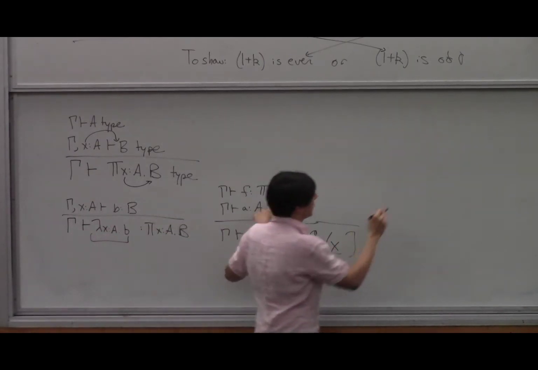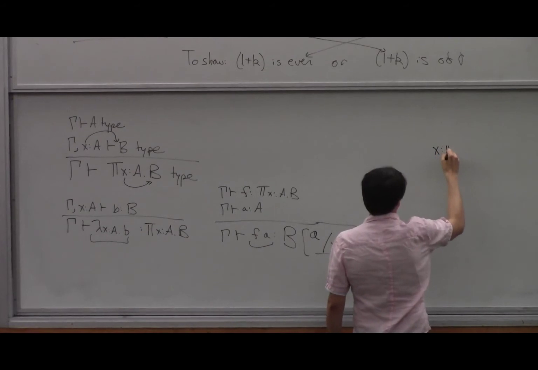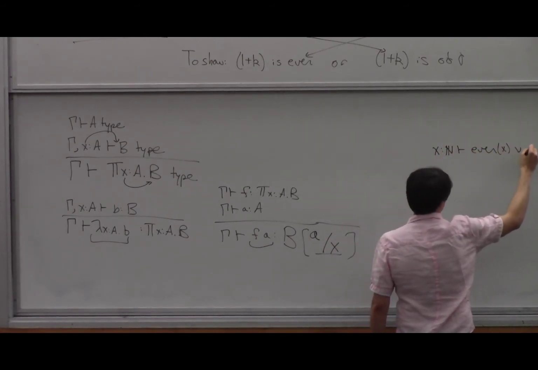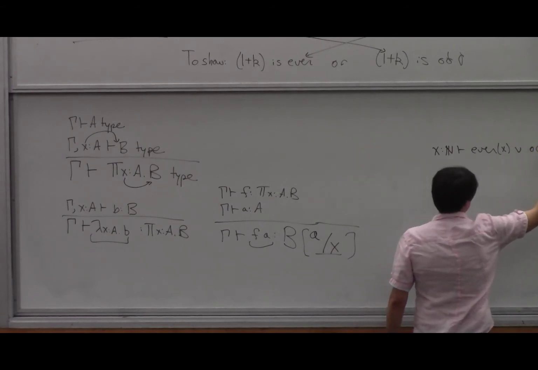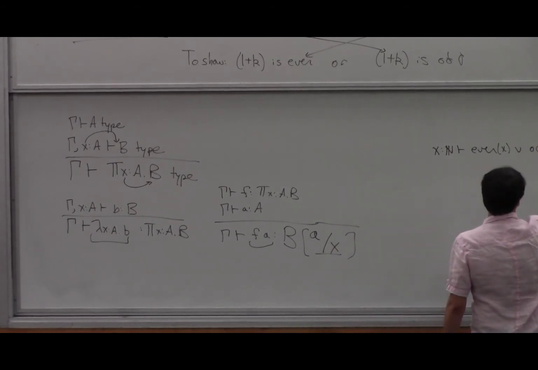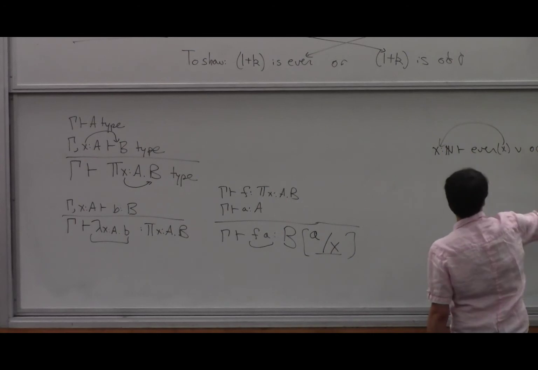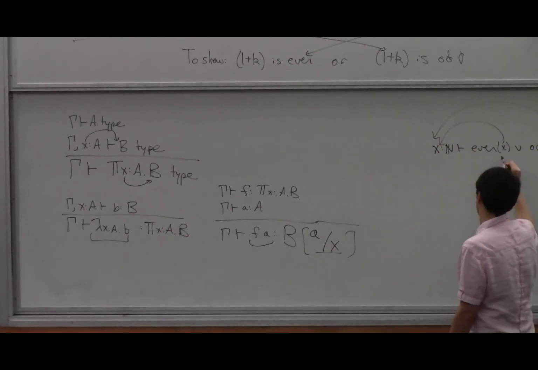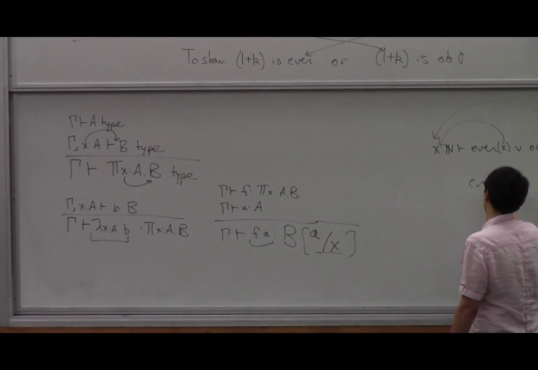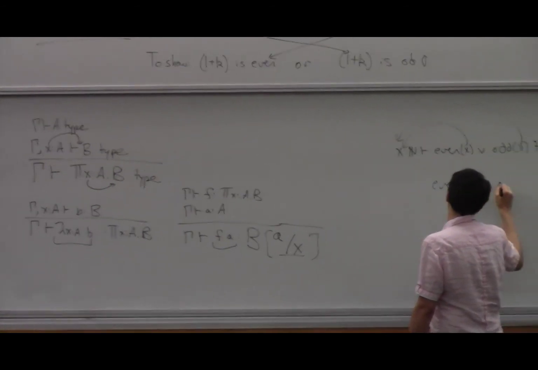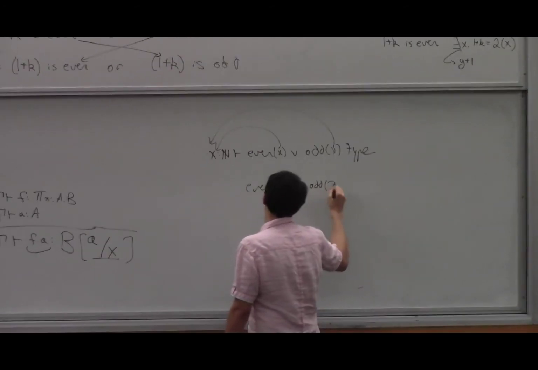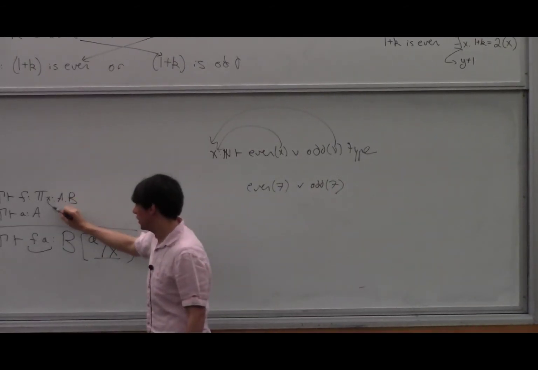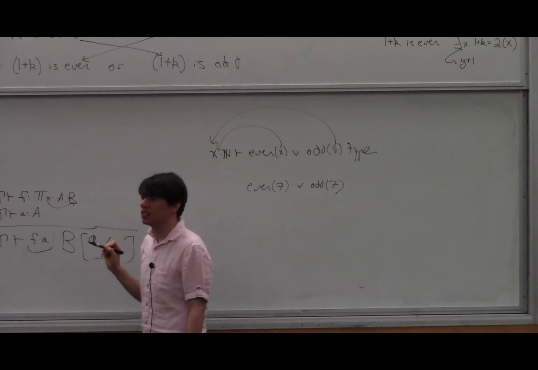So like in our example, x colon N says that even of x or odd of x is a type. So x there and there both refer to that. And so then you replace all of them with 7 because you get that 7 is even or 7 is odd. So all occurrences of this variable here get replaced.